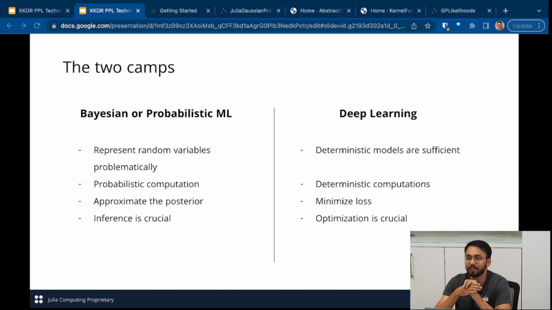There could obviously be some deterministic computation happening in between, but the overall objective here is to get a distribution and not a single deterministic value. And what is important here is to approximate the distribution of interest, which is called a posterior. We'll come to that in a second. And the main tool which we use to do that is inference, unlike optimization in deep learning.